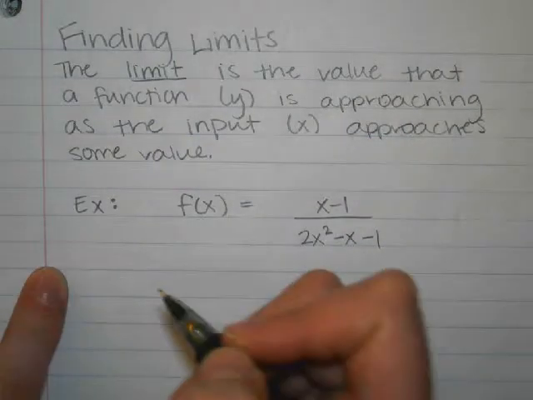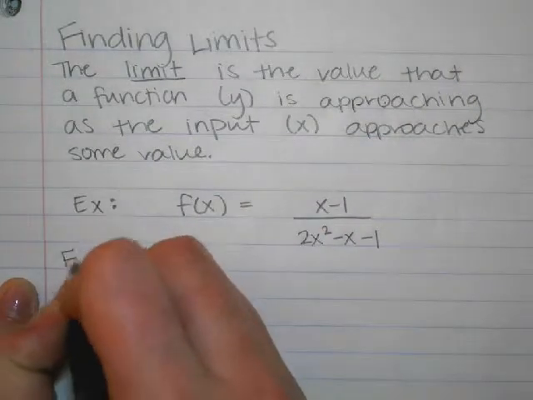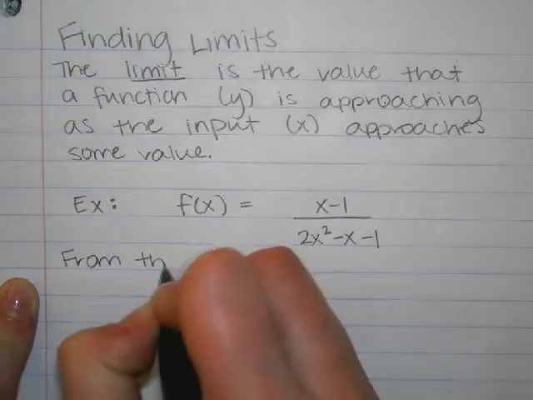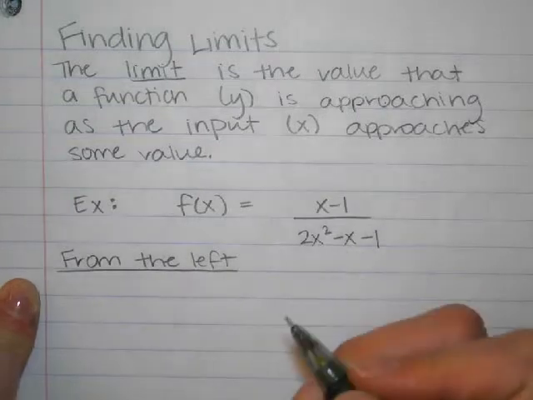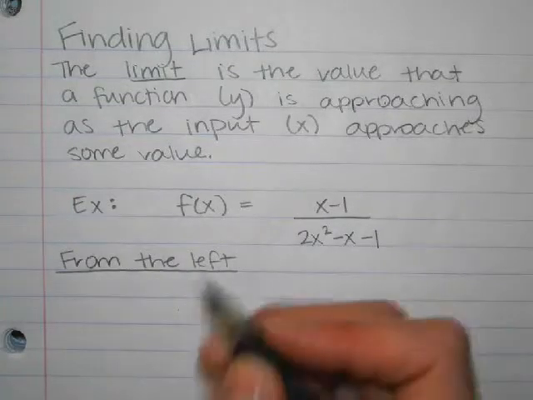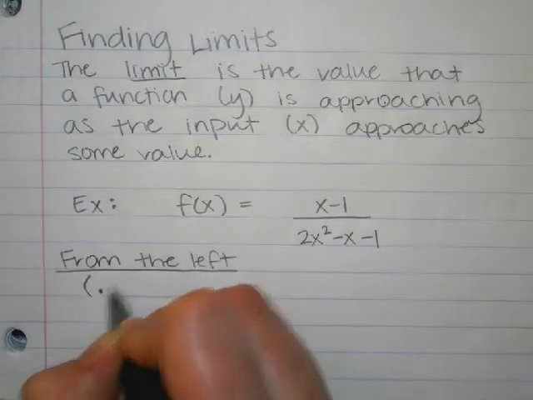Okay, so if I want to know the limit at 1, and you'll understand that notation more in a little bit, then what I'm going to do first is come at 1 from the left side. A number that's a little bit to the left of 1 would be 0.9.